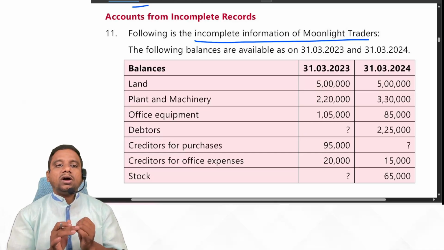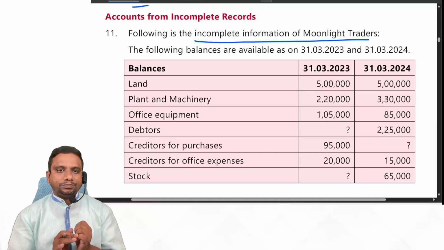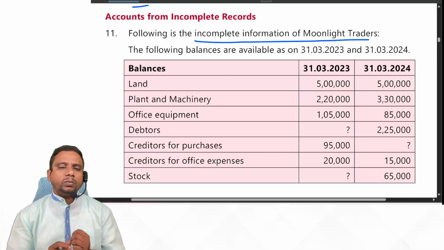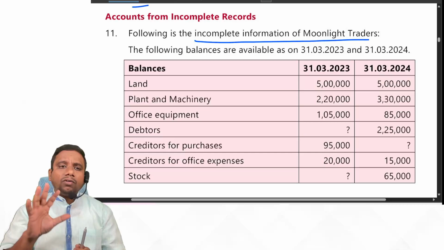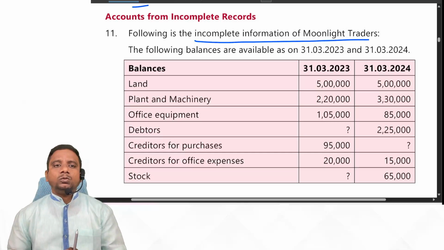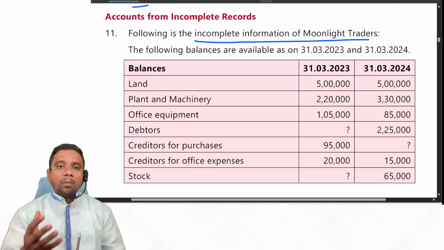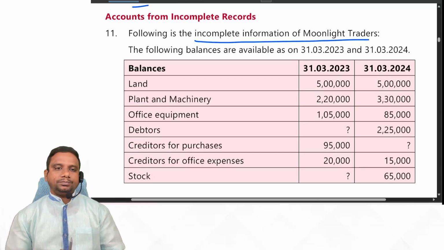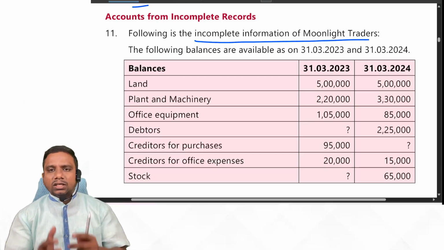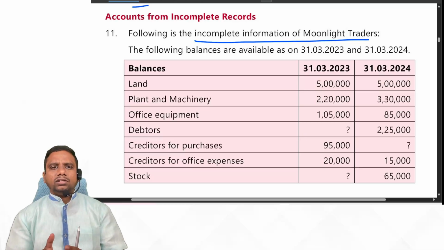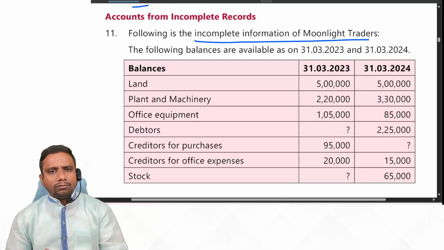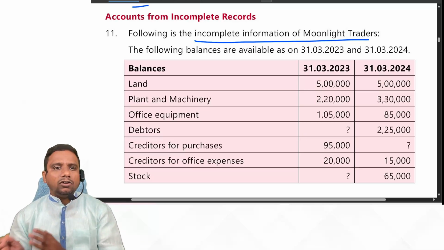At the same time, we also prepare the bank summary. If any opening or closing balance of cash is not given, these five accounts we compulsorily have to prepare as working notes. Apart from this, any working note required, we have to prepare. Same here, whatever items they have given, follow this same approach from the beginning onwards.